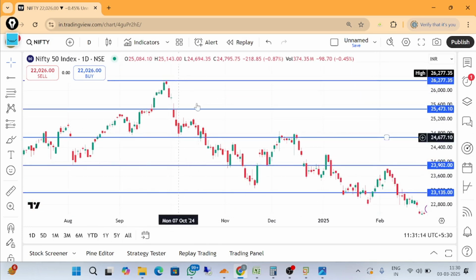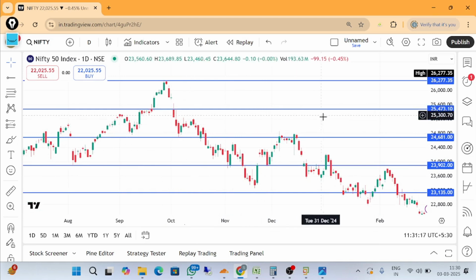So we can go for scalps like here, but that's not our topic. Our lesson is to understand the support and resistance. So I hope you would be able to understand the support and resistance of particular stocks.